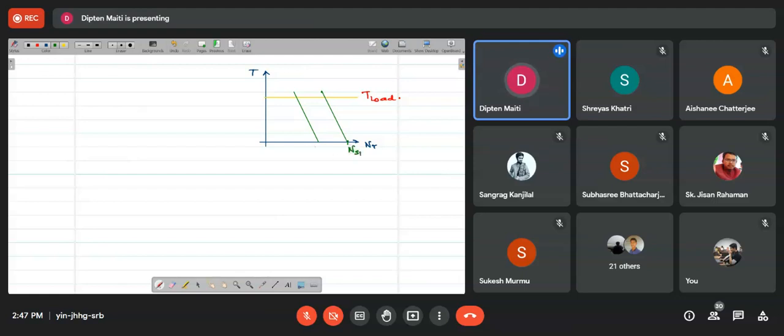Let me write ns1, and this is the synchronous speed 2. So if we start with the synchronous speed 1, the green line 1 would be the torque speed characteristics. If we start with the green line 2, in synchronous speed 2, then green line 2 would be the torque speed characteristics.